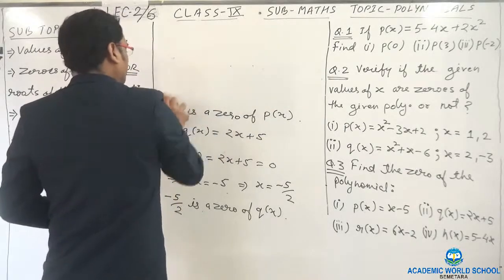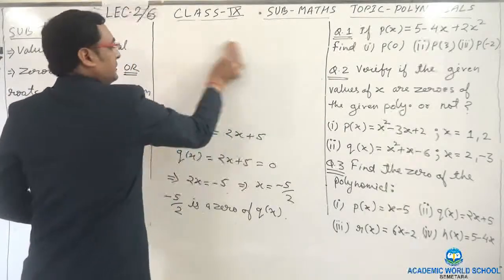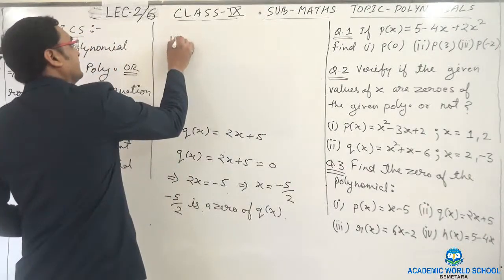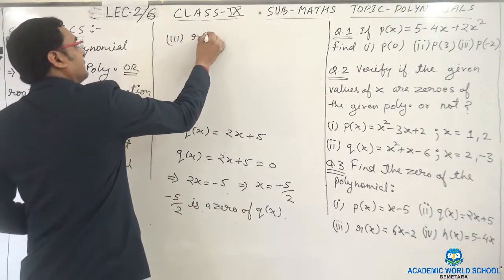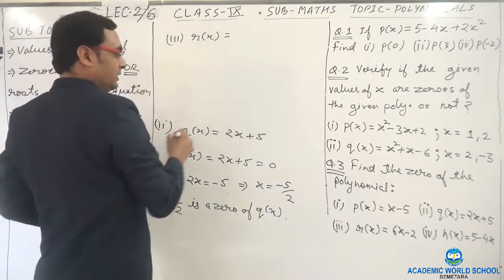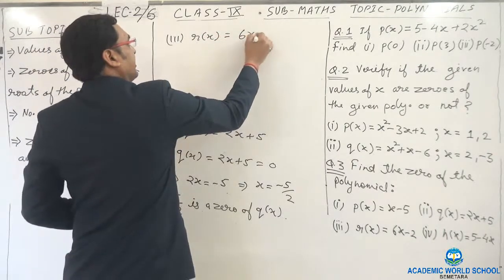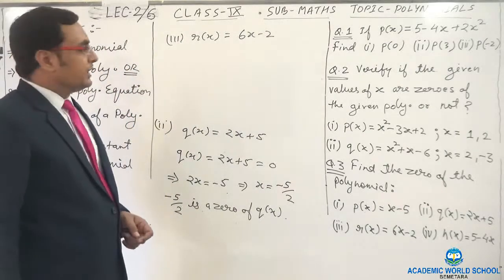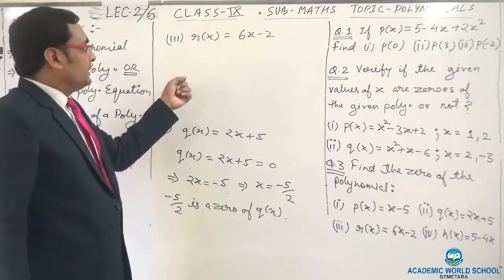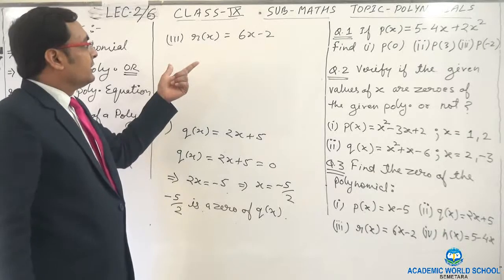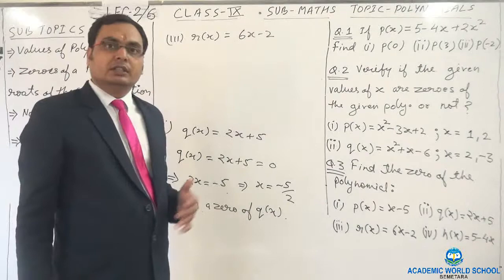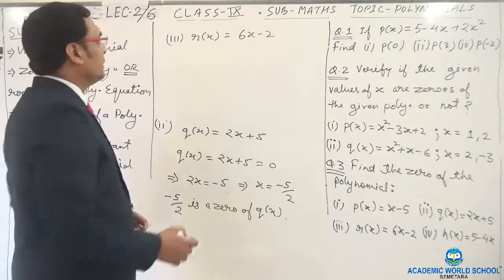Next, third option, that is r(x) is equal to 6x minus 2. This is also a polynomial. We will find the zeros of this polynomial by making its equation, and we will find the roots of the equation.